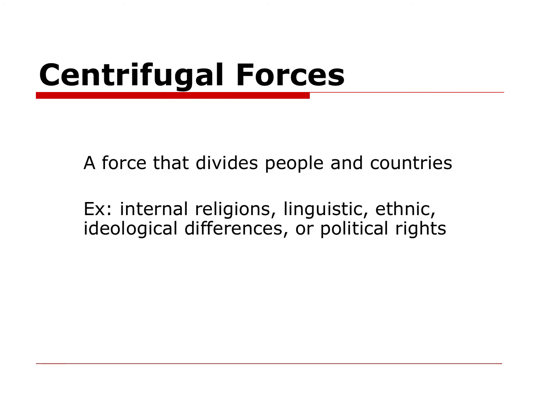On the flip side of that, you have centrifugal forces. Remember the F. The F means a fight, right? So this is going to be something that divides people and countries, all right? So this could be examples like different religions, different languages, different ethnicities, and stuff like that. So basically, in our example today, you have the Israelis versus the Palestinians, okay?